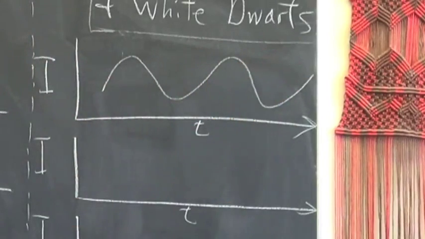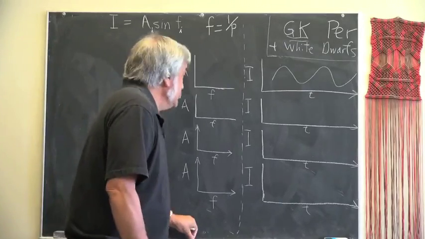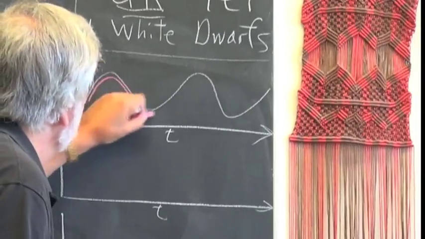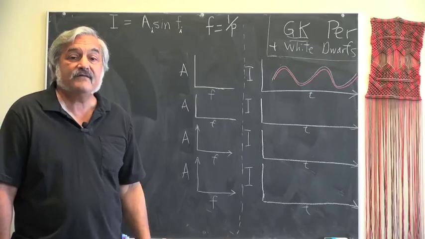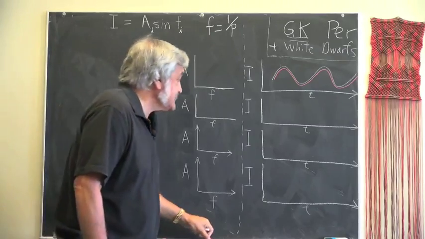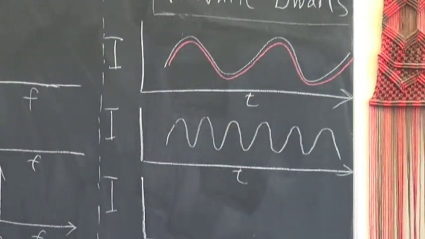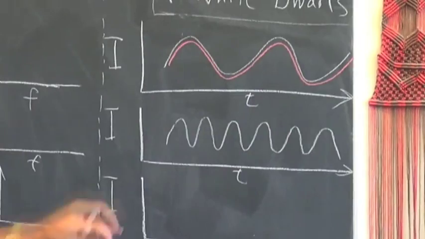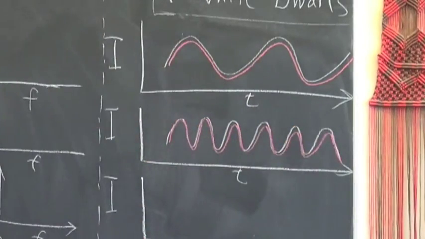It's easy to see that a sine curve can come pretty close to duplicating the data. Now, what if our light curve looks like this? Still no problem. We can get a sine curve that matches pretty nicely.